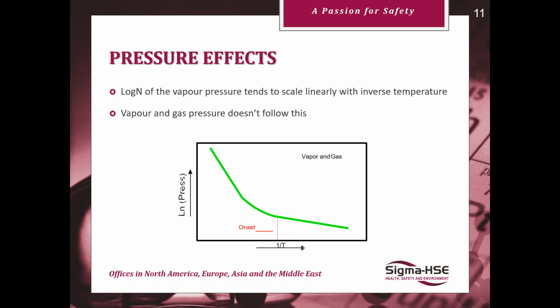We can see on the graph here, the bottom straight bit of the green line, going from right to left, is temperature increasing, and it's relatively straight. This is just a typical plot. But when you combine vapor and gas pressure, we've got this onset line here, which indicates the generation of permanent gases, it will spike upwards away from that linear line. And that's where we get problems.